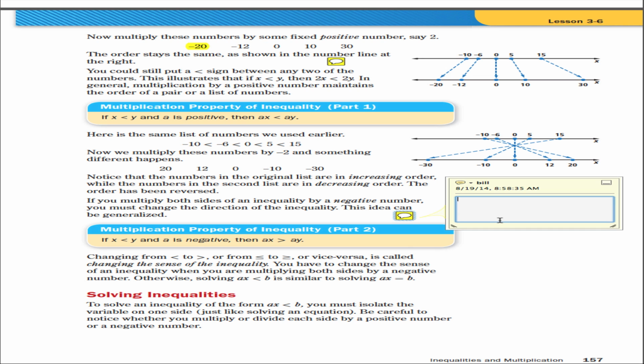Let's start with 12. 12 is less than 20, which is true, and we're going to multiply that by negative 2. So negative 2 times 12, which is less than negative 2 times 20. So that seems to be true.